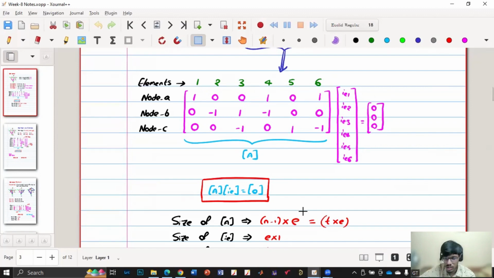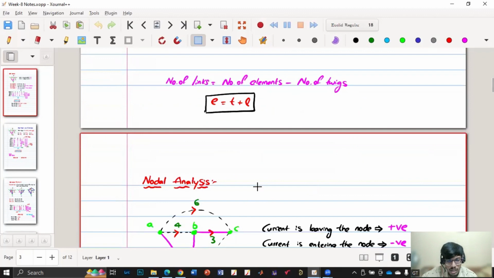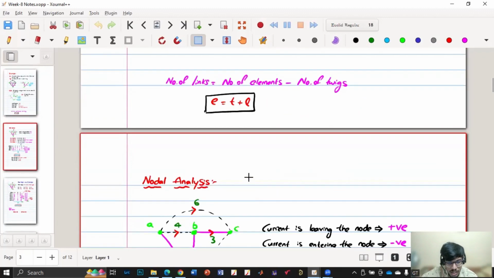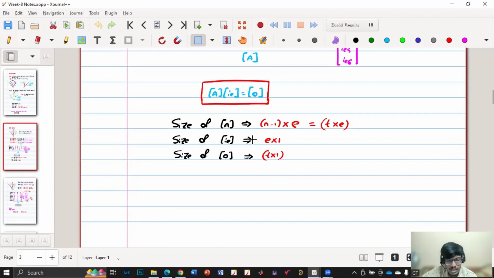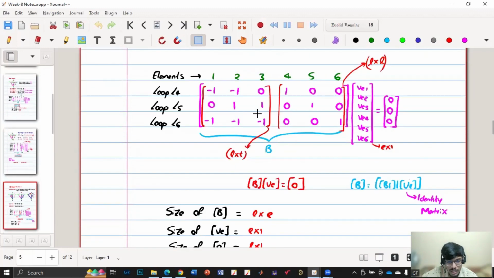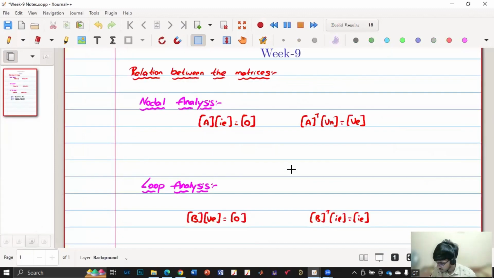So E means what? E means number of elements. And we know the number of elements is equal to the number of twigs plus the number of links, right? So the A matrix, similar to these matrices, has two parts. First part corresponds to twigs. Second part corresponds to links. So the A matrix I can write as two subparts.